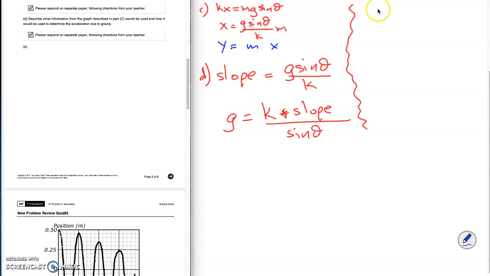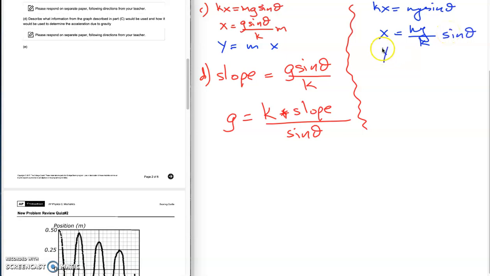Now, if you decided to keep mass constant and you measured sine theta, your alternate option here gets you kx equals mg sine theta, but we kept m constant and we changed theta. So that means x equals mg over k, and then sine theta.